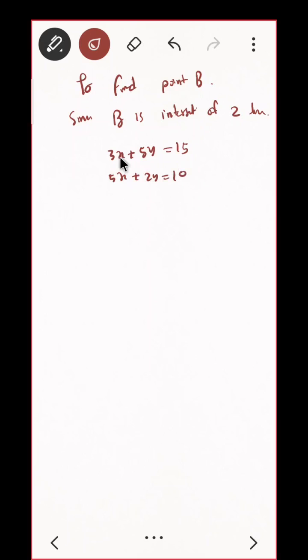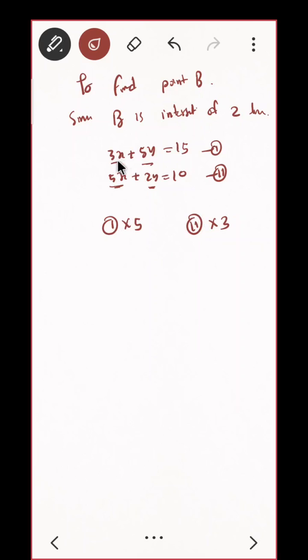You have to make any variable the same. Here it is 3x, here it is 5x, here it is 5y, here it is 2y. What should you do? Okay, perfect. Will it work? Do you agree, everyone? If you multiply equation 1 by 5, what do you see?